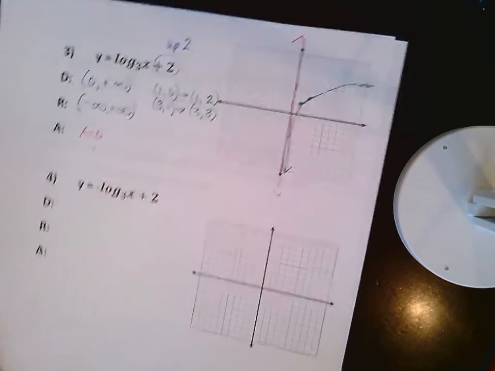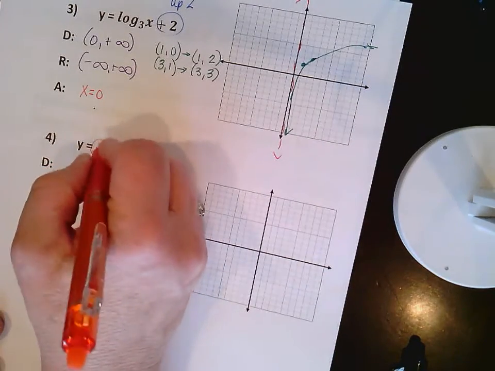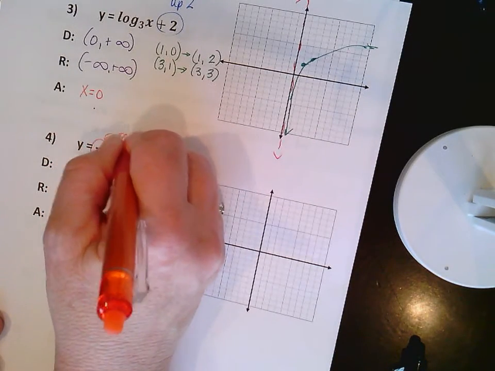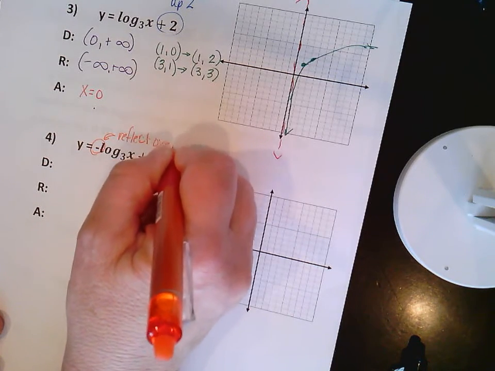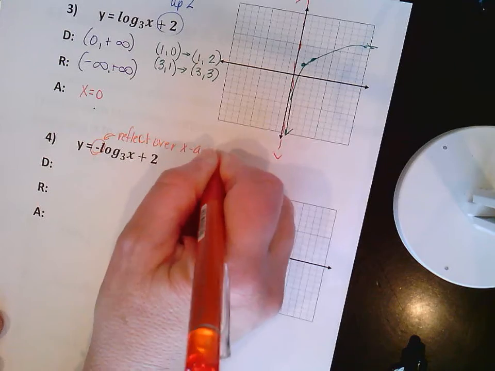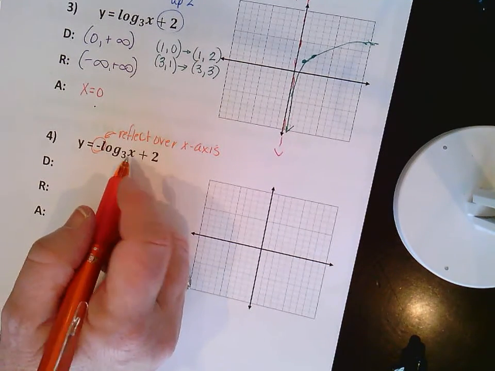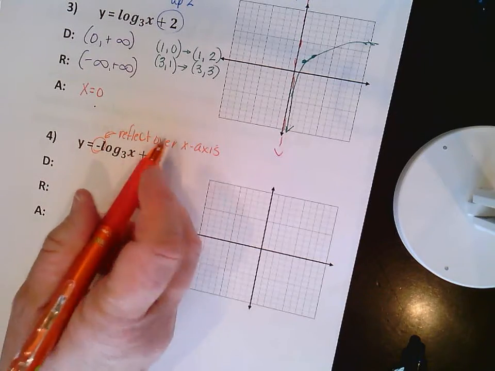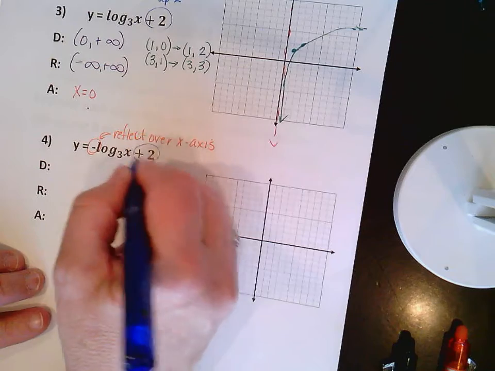Okay, next one. This one I have a negative in front of the log. That means that we are going to reflect over the x-axis. If I had a negative on the x on the inside of the log, that would be reflecting over the y-axis. But we're reflecting over the x-axis. And I don't have an h, but I do have a k, and so it's going up 2.